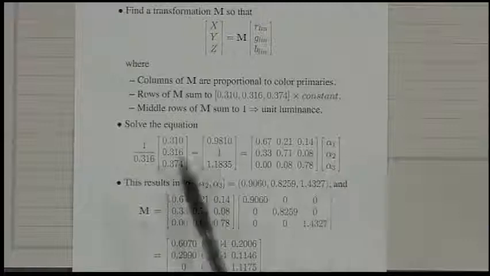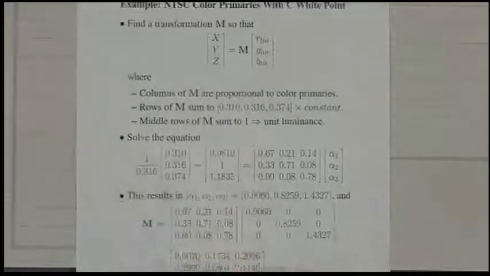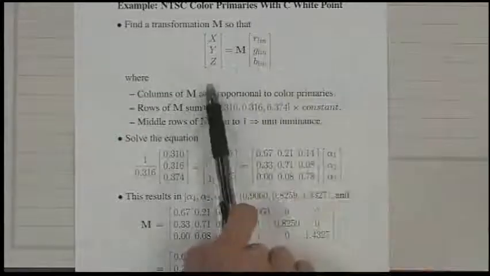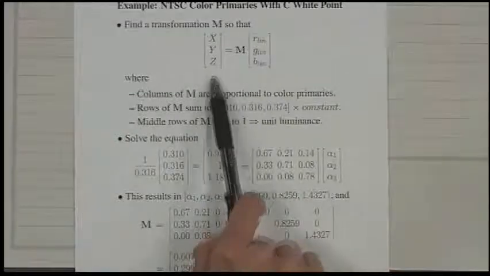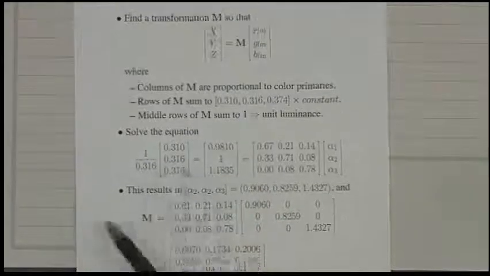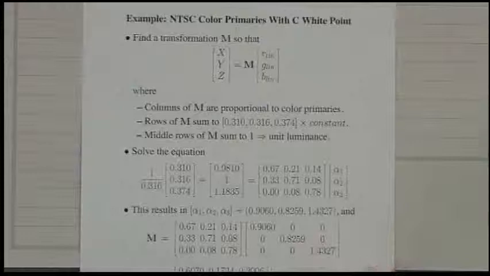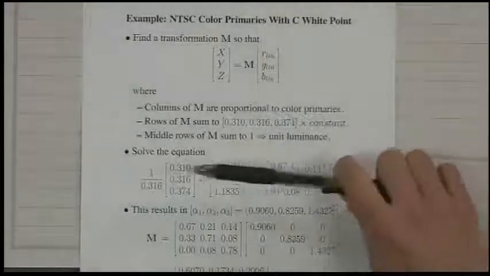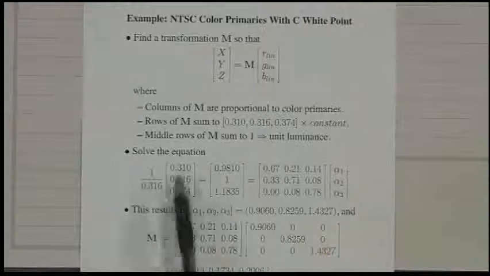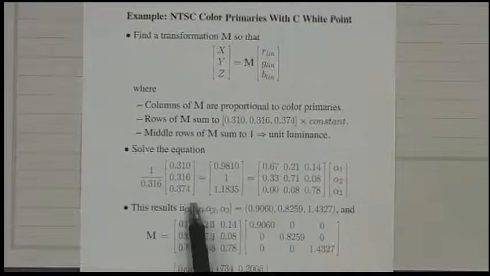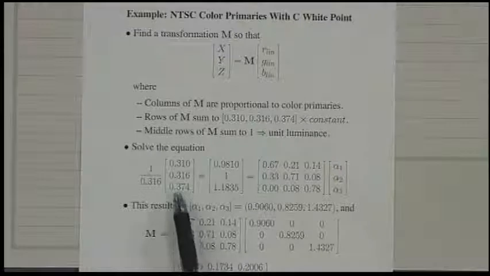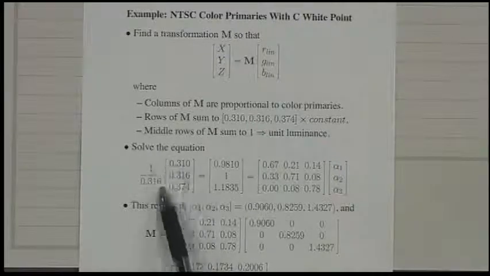But on the left-hand side, when RGB equals 1, 1, 1, the left-hand side should be the XYZ coordinate of the white point, and this white point has to be equal to some scalar multiple of the chromaticity of the C white point. So this vector basically is the chromaticity vector of the C white point. And we would expect the XYZ tri-stimulus value to be a scalar multiple of this vector.